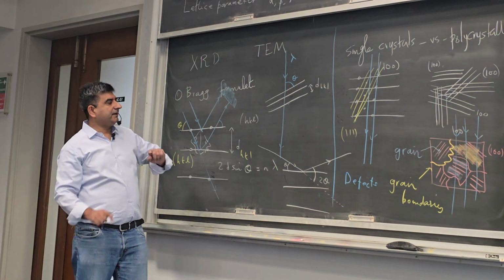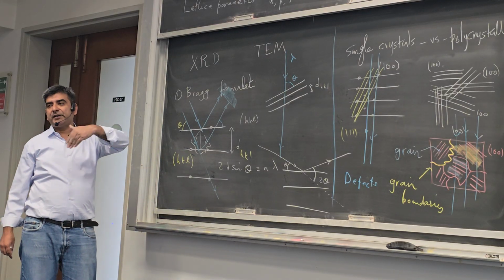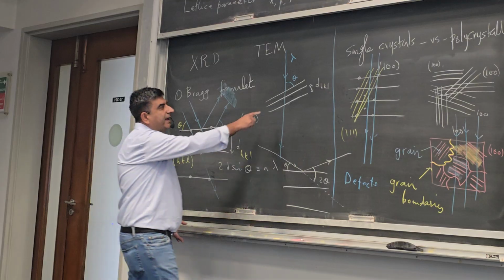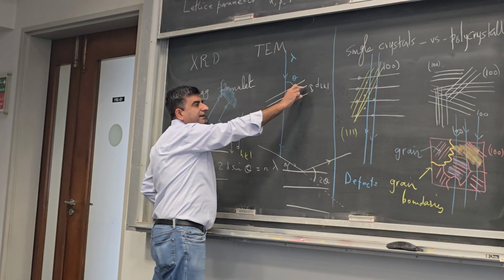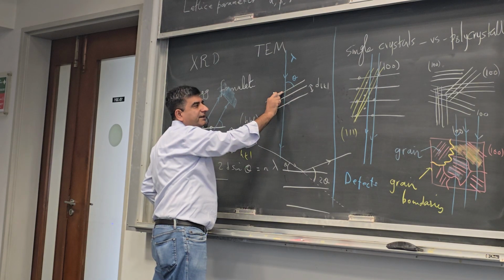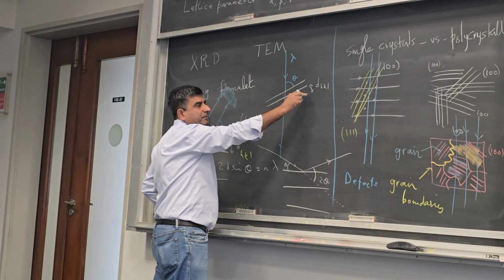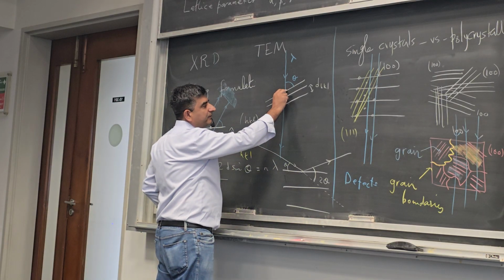So for the time being, let's assume that if this condition is satisfied, there is going to be a scattering process. So if X-rays are coming in, and this is the angle theta which the X-rays' incident direction makes with the planes, and the spacing between the planes is d_hkl, then there is going to be a scattered ray from these planes.